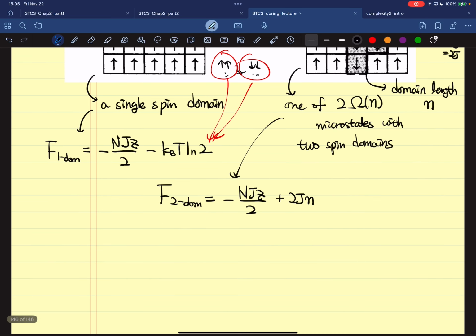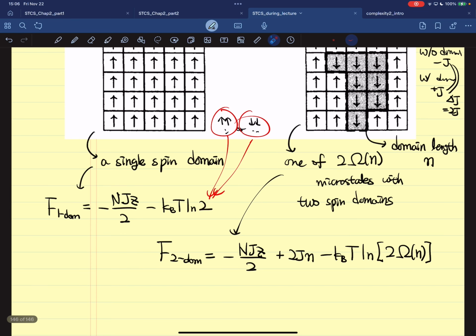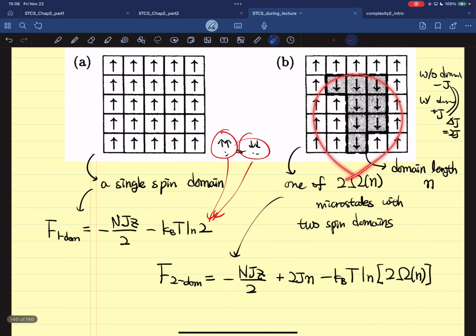And there's an entropy term. So the entropy term is minus k_B T log omega, the total number of possibilities of a domain with the length n is given by this one.